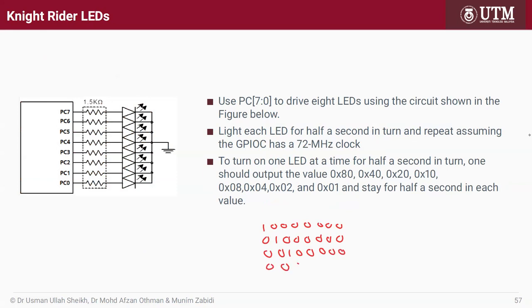It will recycle and repeat. So this is 80 hex, 40 hex, 20 hex, 10 hex, continuing 08, 04, 02, 01, and continue. If you keep on doing this, you will see the lights running. It's also the running light.